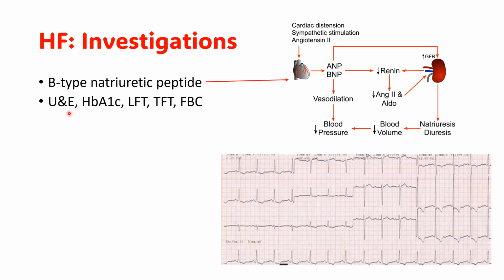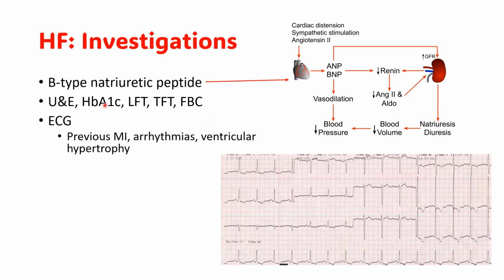Other investigations, you need to do some U's and E's, HbA1c, particularly if you've got diabetes, LFTs, TFTs, and FBCs, remembering the causes of high output cardiac failure. They all need to be investigated. An ECG can be a good investigation because there could be signs of a previous MI, such as pathological Q waves.